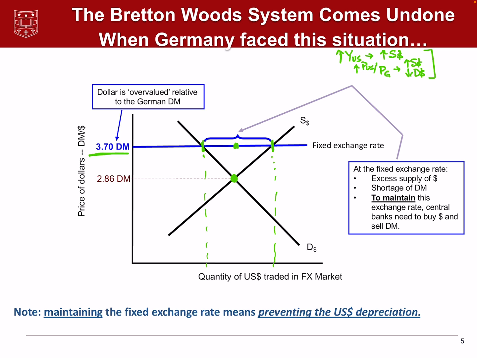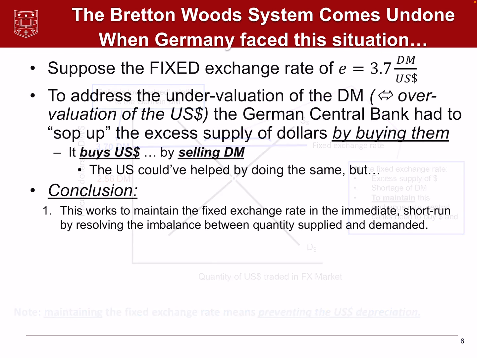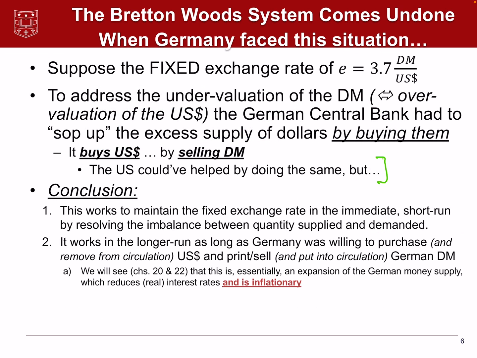And we have this excess supply of dollars in the foreign exchange market that Germany is basically solving by buying dollars and selling Deutschmark to market participants and removing those dollars from circulation. So this works in the longer run as well, as long as Germany was willing to continue to do this.